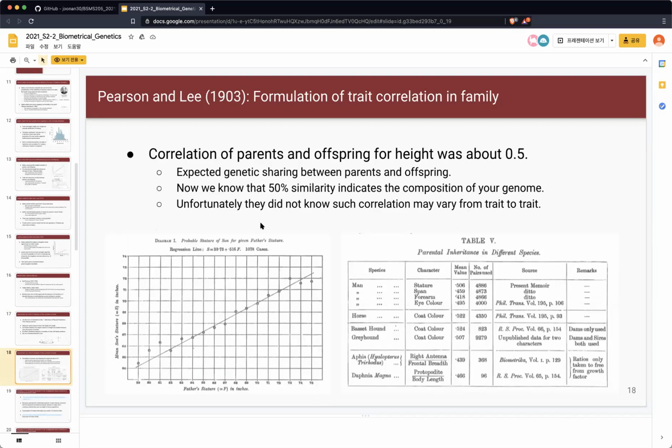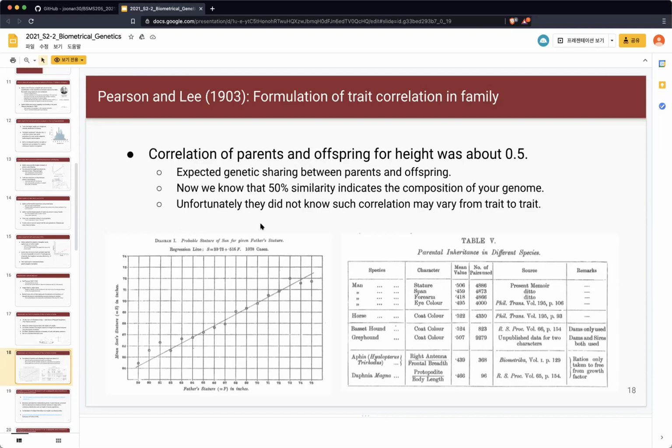And now we know what 50% means in the similarity, right? Because the father and mother each share half of their genome with us, and that's why we have a 50% correlation with our parents. We know that's the background, right? Because according to Mendel's segregation, we get only one of the alleles from one of the parents, and we get the other half from the other parent.